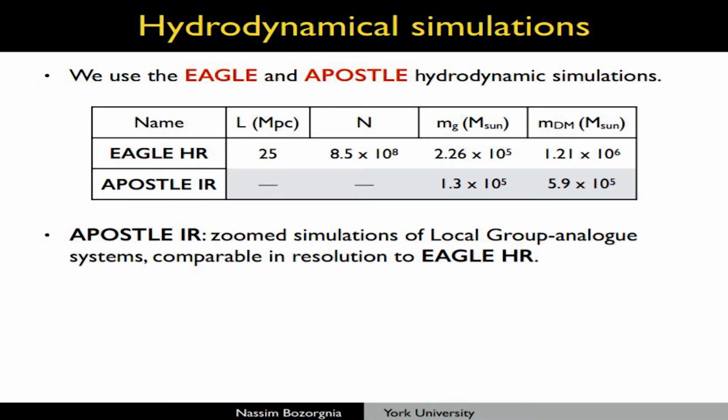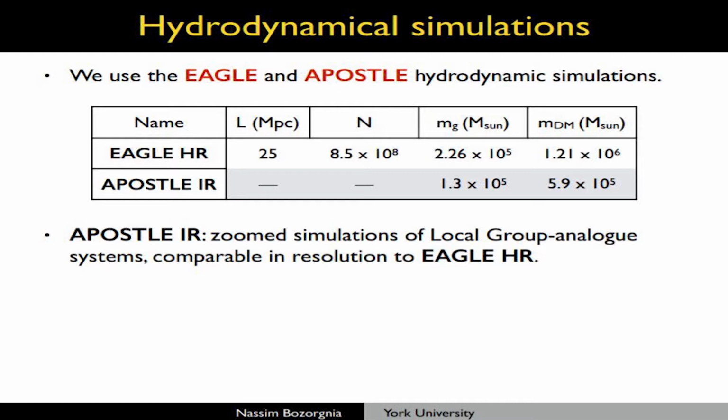The resolution that we used was the high-res Eagle, for which the box volume has a side length of 25 megaparsec, and this is the number of particles in the box, and the mass of the gas and dark matter particles.